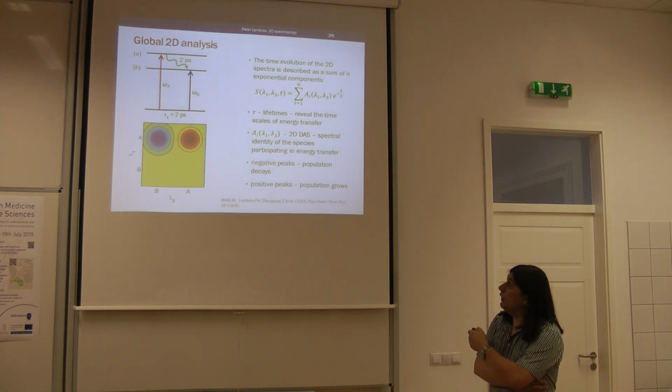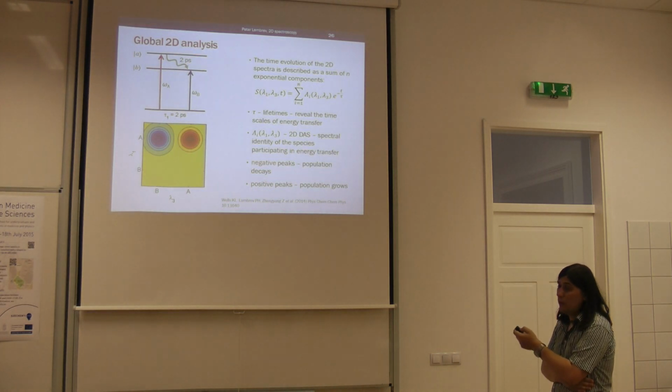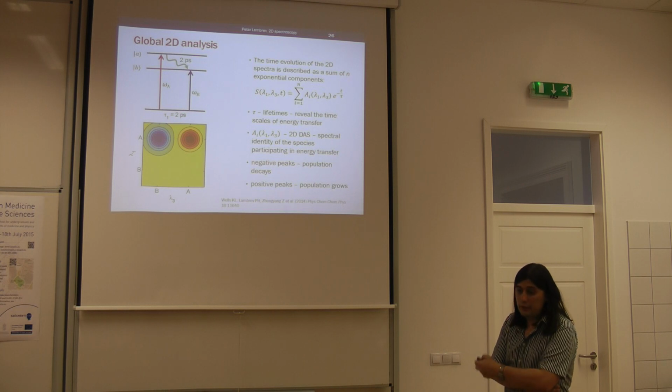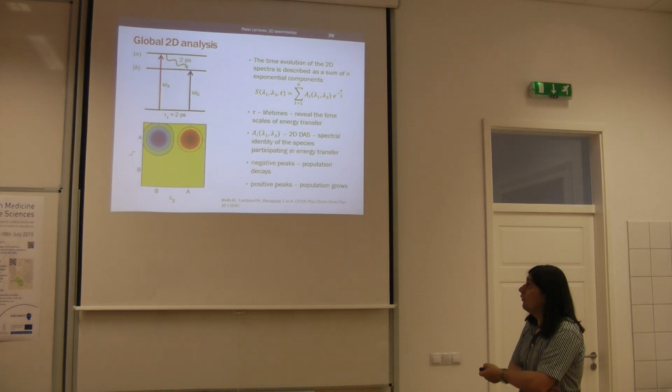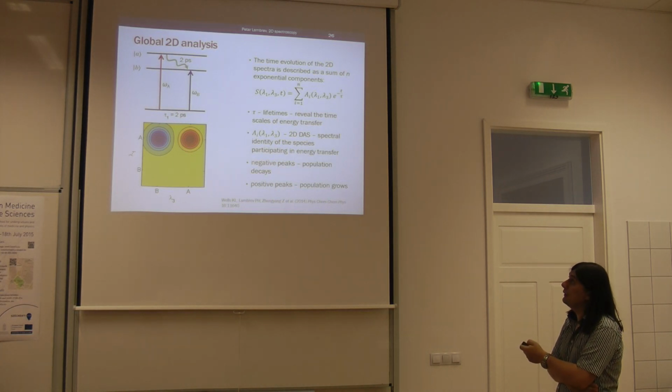Then what you usually do when you have any kind of time-resolved spectroscopy, you want to do some quantitative analysis, and so we do some fitting to get some rate constants, some physical parameters from there. What we do is what we call global analysis.